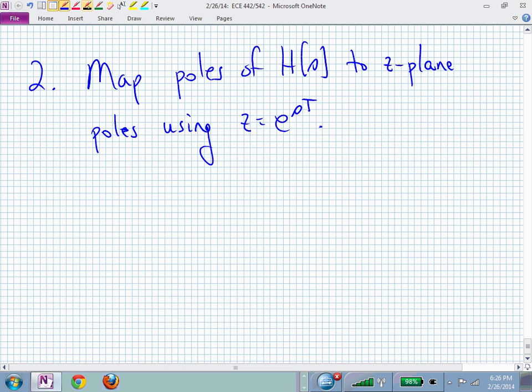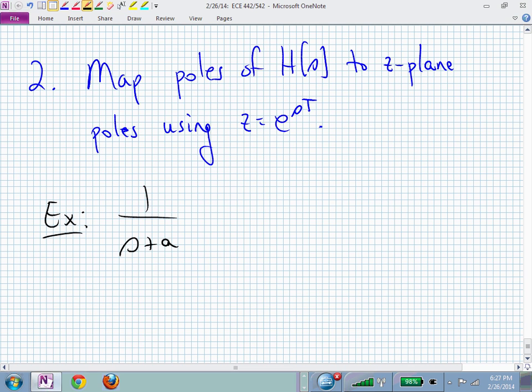Let me just give us an example so that we get to feeling fine with what we're doing. Suppose I had a simple transfer function. Yes, question? So now the question was, is this the same as numerical integration?